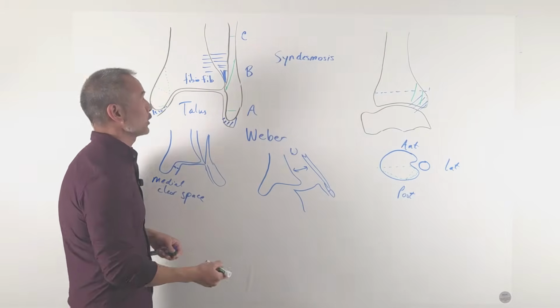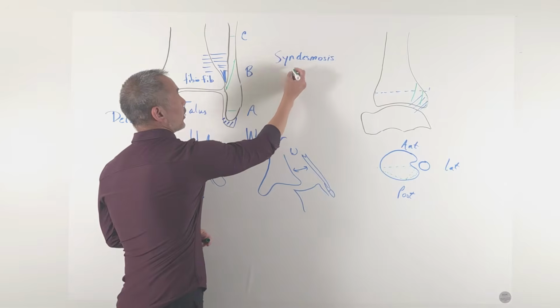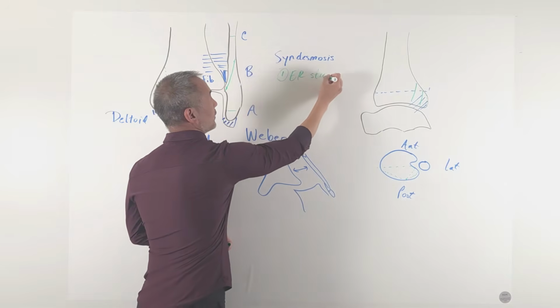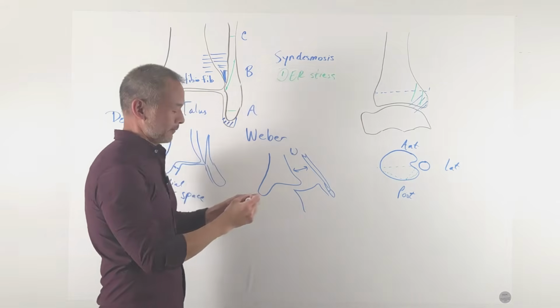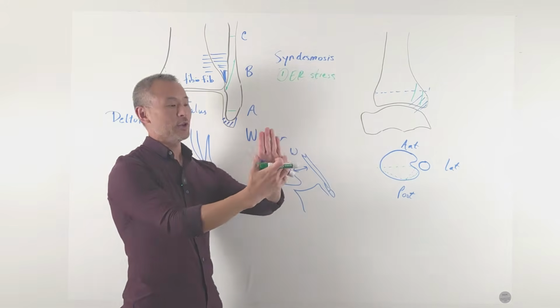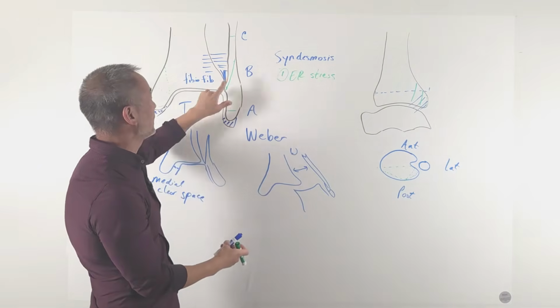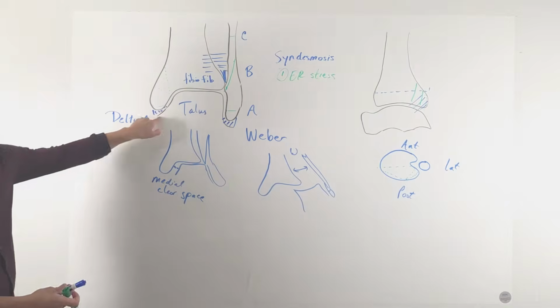The original one would be an external rotation stress test, where you literally get the patient's ankle and externally rotate it under x-rays, and that will show widening of this or even widening of this medial clear space.